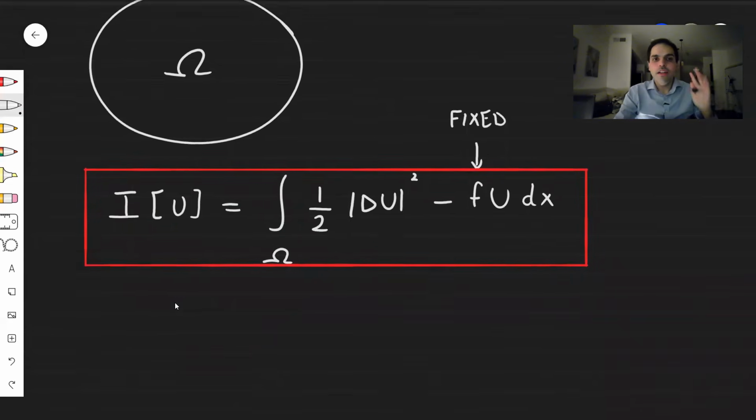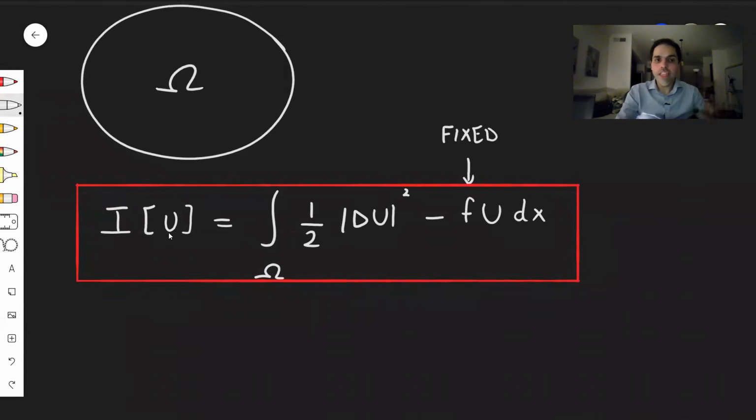That said, though, notice in this functional, we can't just plug in a random function u. For instance, if you put an absolute value, this doesn't work. So we need to talk about a very specific class of functions called the admissible class. So calligraphic A, and what it is is just a set of all functions v, which in this case, let's say they're infinitely differentiable.